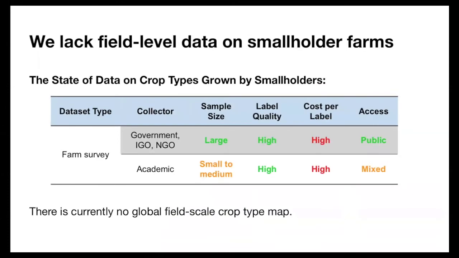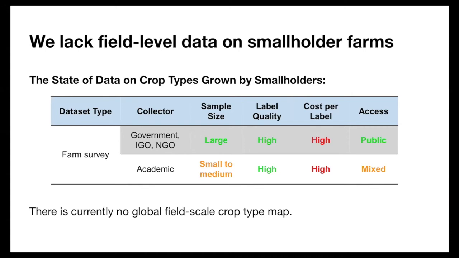Okay, so in the smallholder farming domain, right now, most of our data comes from farm surveys, which are collected typically by governments or NGOs. And we have these large, high quality surveys, but in developing countries, they're not conducted very often. So we might have this data for every 5 years and in very localized villages.